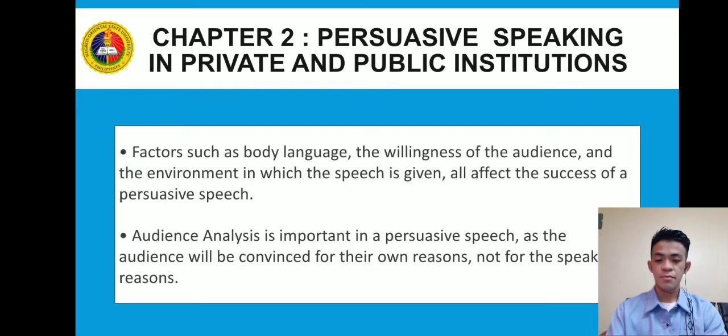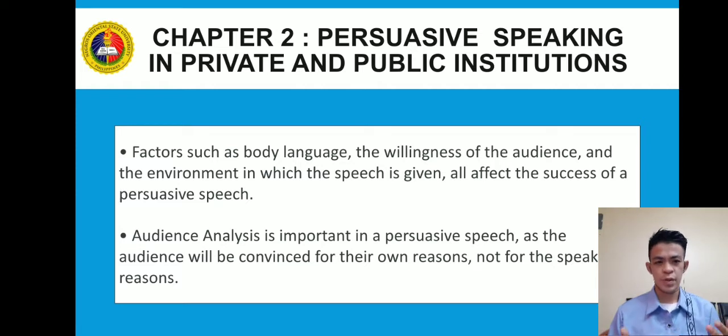Next, factors such as body language, the willingness of the audience, and the environment in which the speech is given all affect the success of a persuasive speech, which is very true. In order to have a successful persuasive speech, the speaker must know how to control himself. The speaker must know how to act in front of other people.